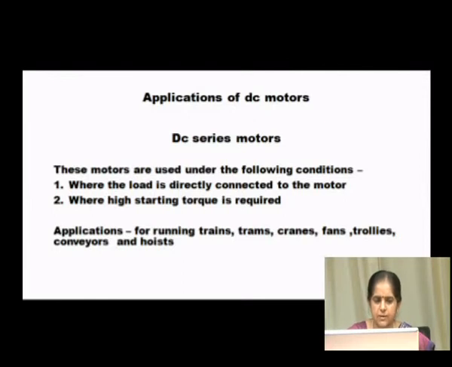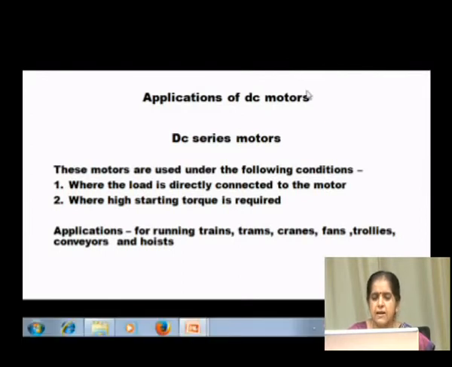So these motors are used for running trains, trams, cranes, fans, trolleys, conveyors as well as hoists. All these applications demand high starting torque, whether it is trains, trams, cranes, fans or trolleys. Therefore DC series motors are employed in all these cases.